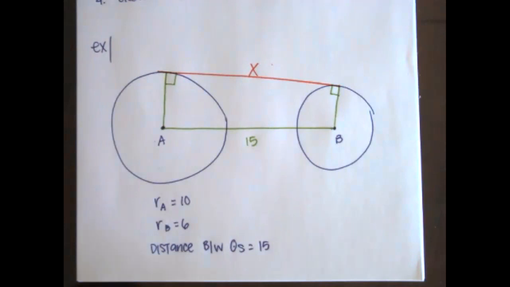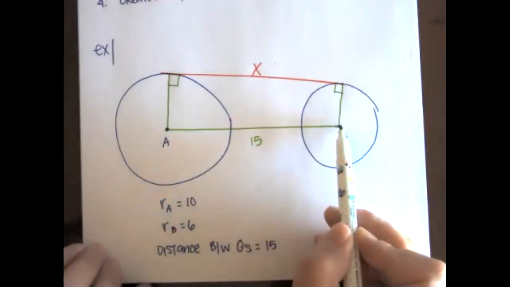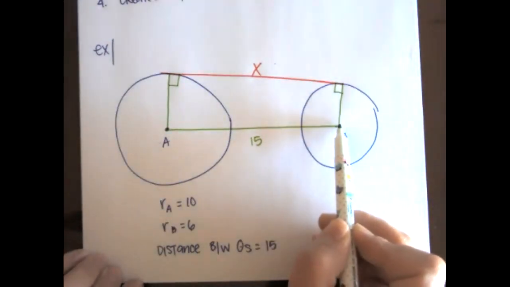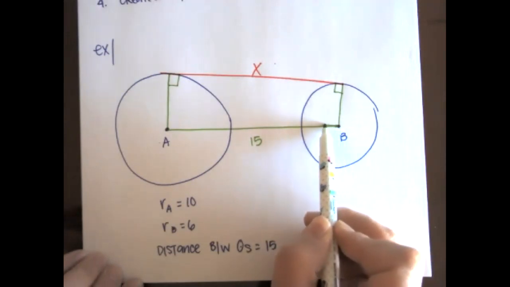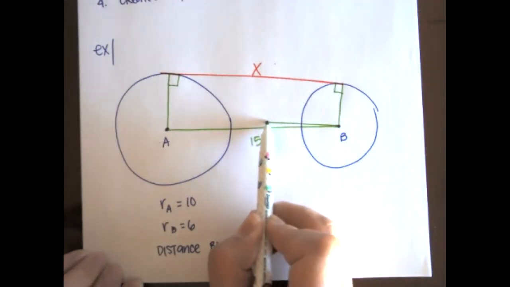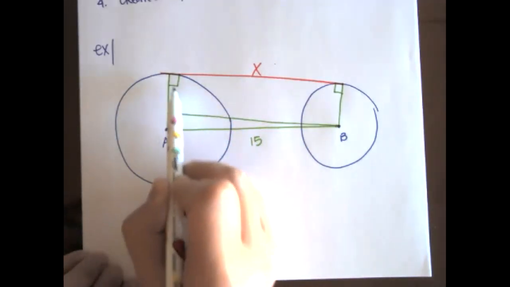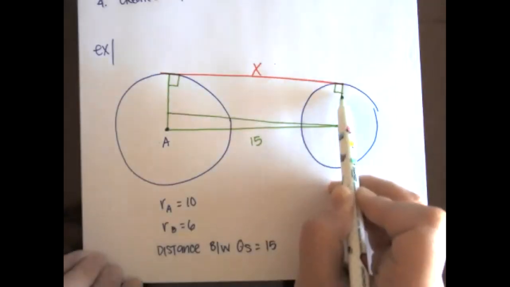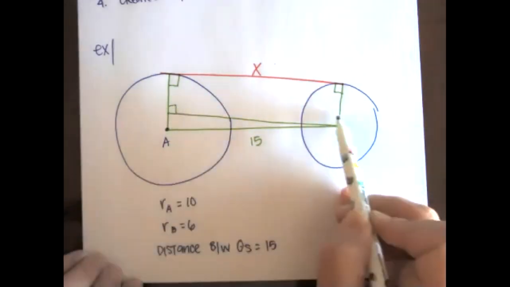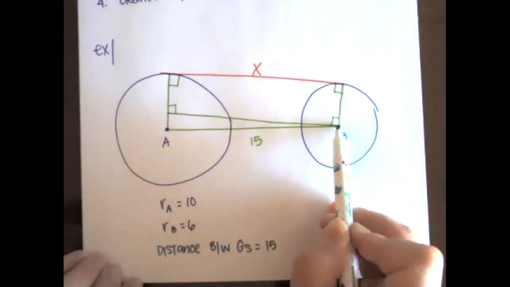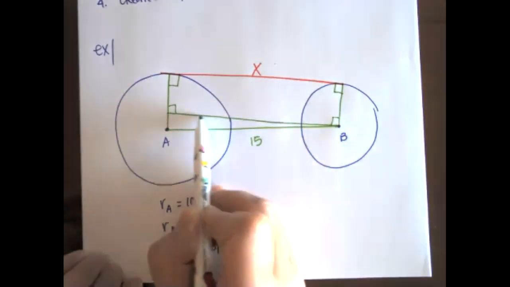Okay. And then from the center of the smaller circle, you're going to draw a line that's parallel to the common tangent. So we have this rectangle. Do we see that? There's a rectangle here now.